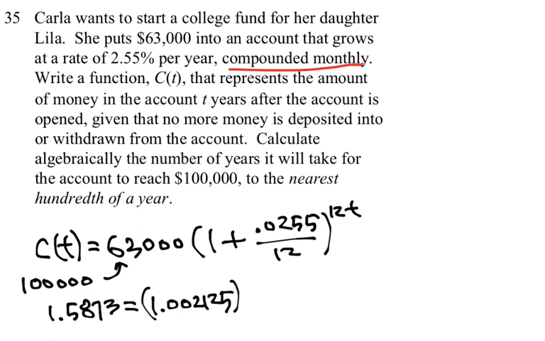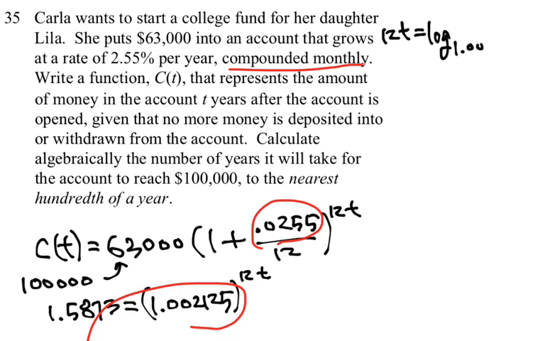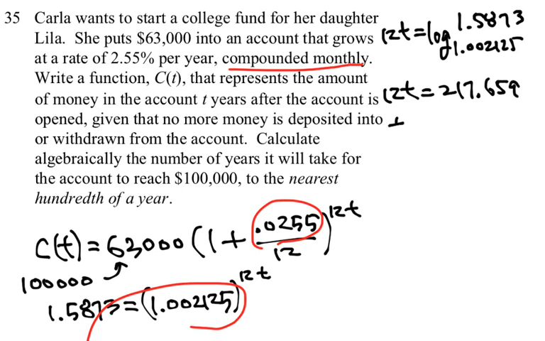Then we want to raise this to the 12th power. So if you continue, then take the log base of that value. Then we get 12t, to find the t value by itself. Then in this case, t must be equal to 18.13. All right, so that's basically what we have.